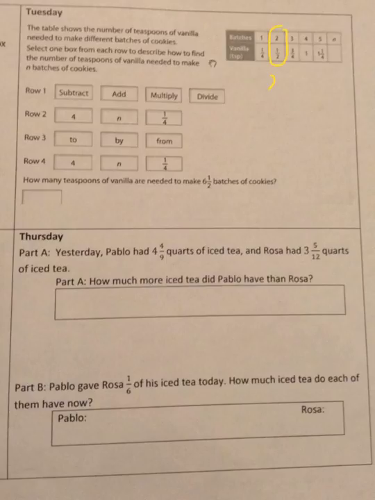If I were to do 2 times 1/4, that would give me 2/4, which is 1/2. If I were to do 3 times 1/4, that would give me 3/4. If I did 4 batches times 1/4, that would give me 1/1 or 1 teaspoon.